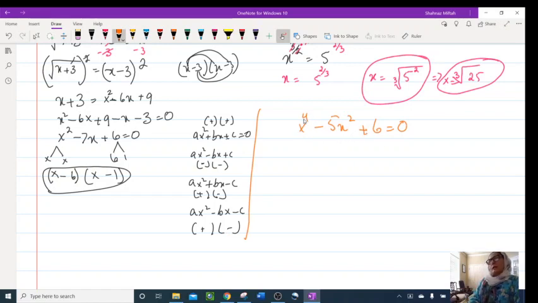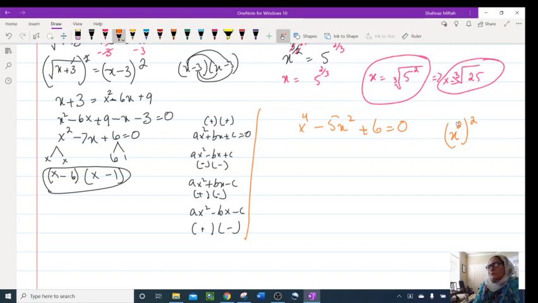But this is x to the power 4. It's not x squared, right? So how do we solve this? We're going to try to change it to quadratic. For example, you know that I can rewrite this x to the power 4 like this, right? I can do that. Then what method do we use, just pay attention.